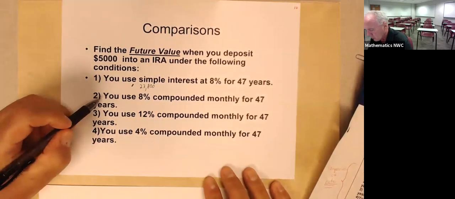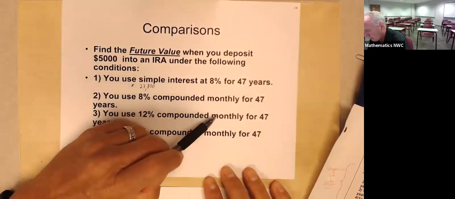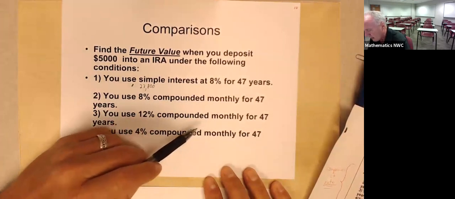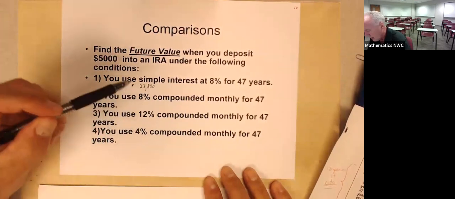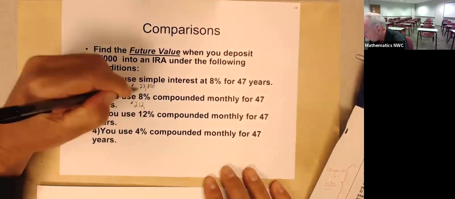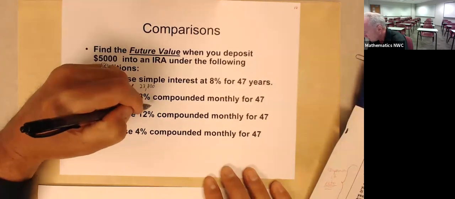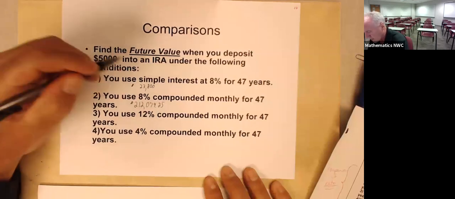We also did this one, compounded monthly. Notice I'm going to go monthly, monthly, monthly for all of these. The only thing I'm going to be changing is the interest rates. We did this one, and it turned out, if you remember, to be $212,079.25.